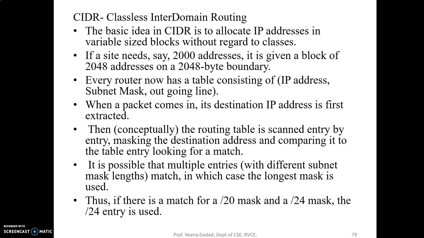We are nowhere going with any of the classes of the IP addresses, as we were discussing before. This address belongs to this class, this will be the natural mask, and we have these many bits for the network part, these many bits for the host part. Those things will not be there. The requirements come in, and I go on giving the IP addresses. This is what is done today.